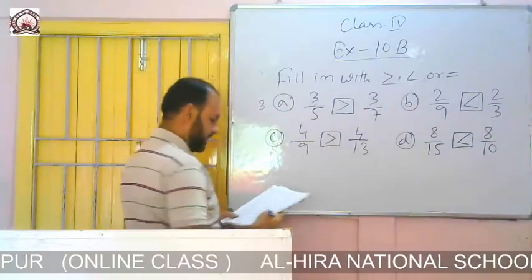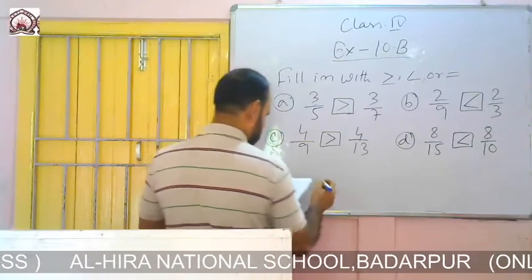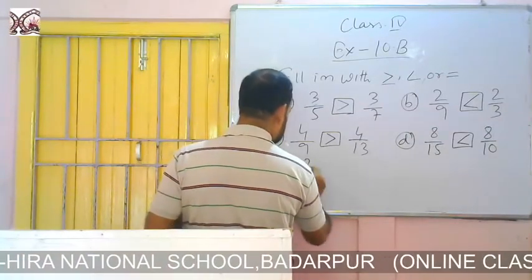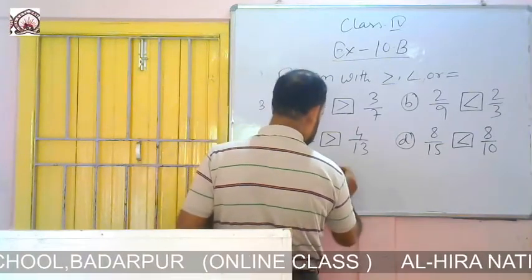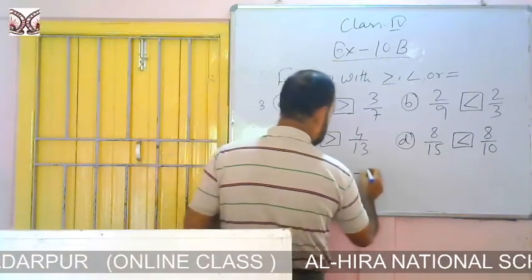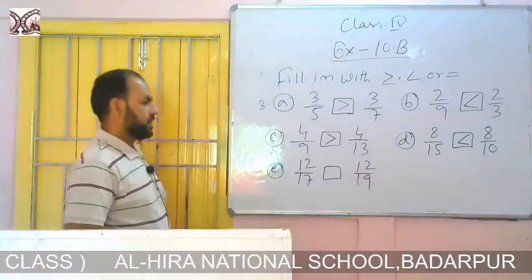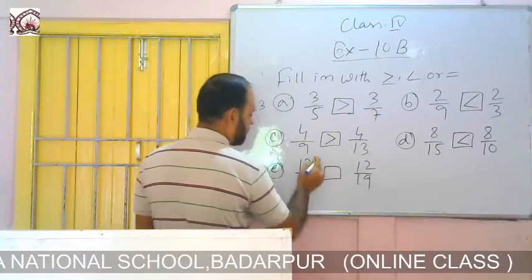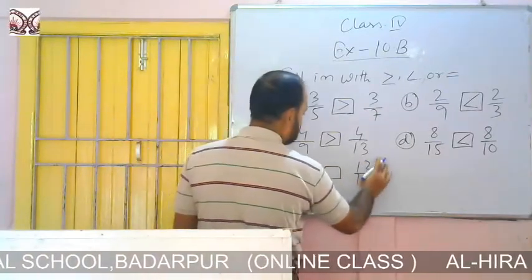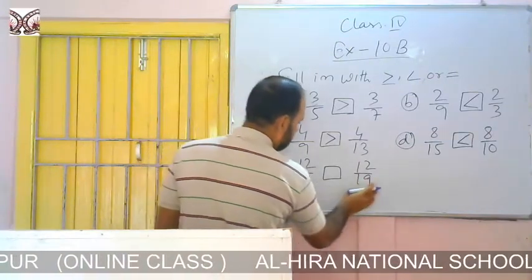Next, question number E, 12 by 17 and 12 by 19. So here the numerator is 12, that means now we compare the denominators.